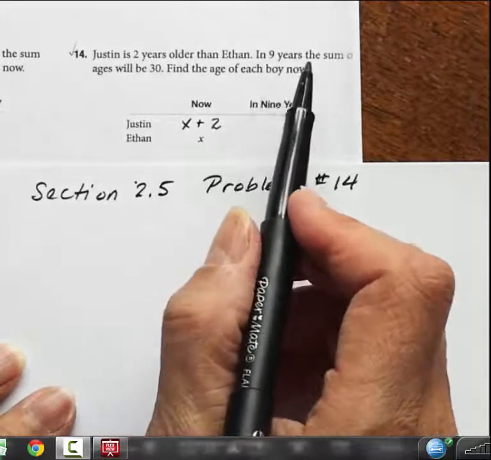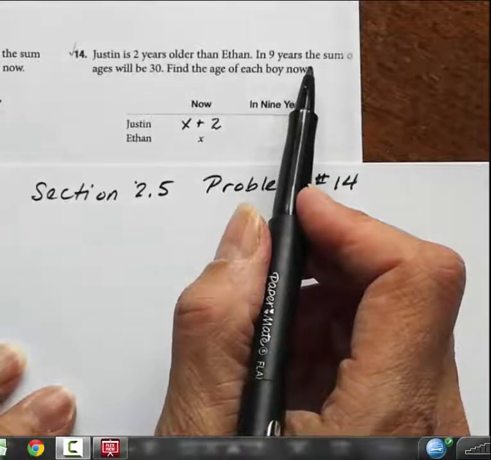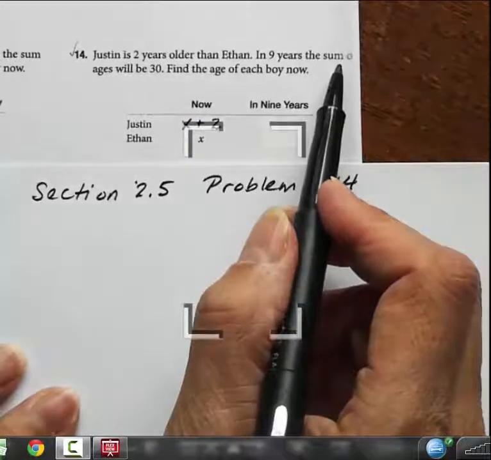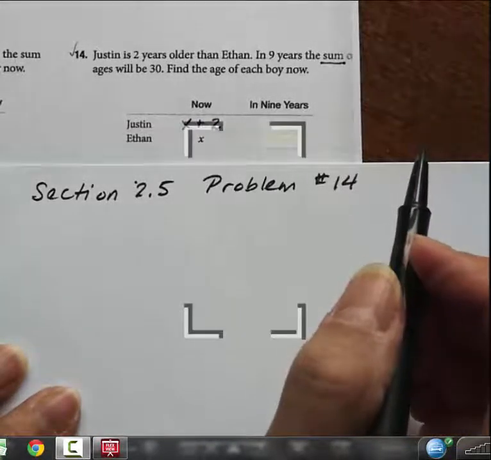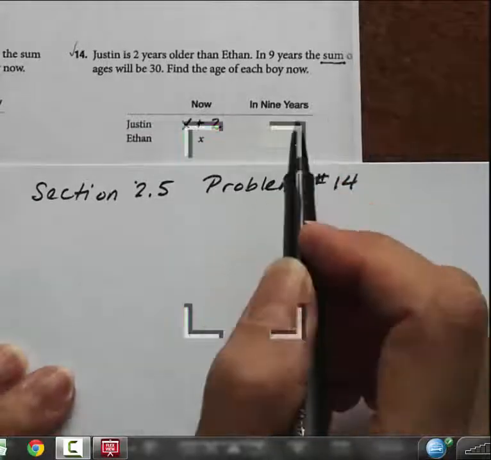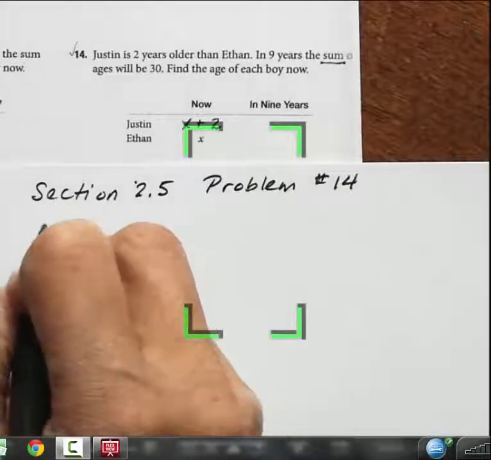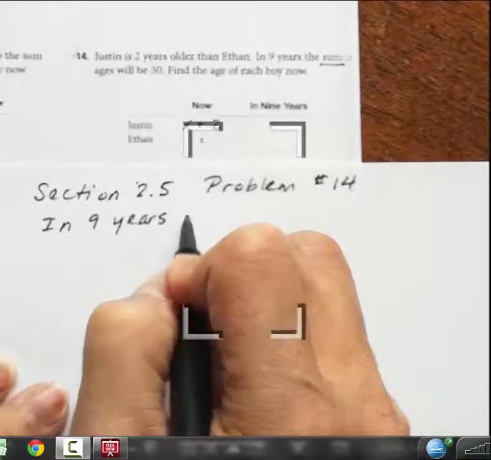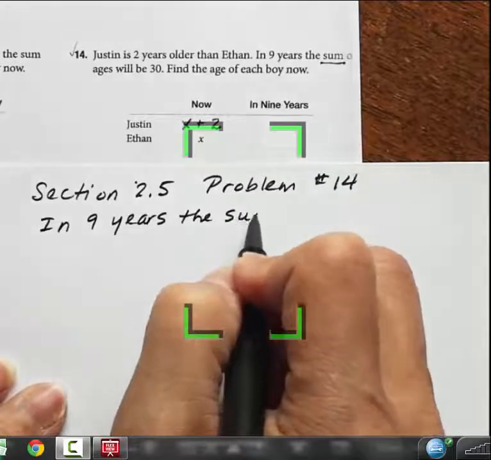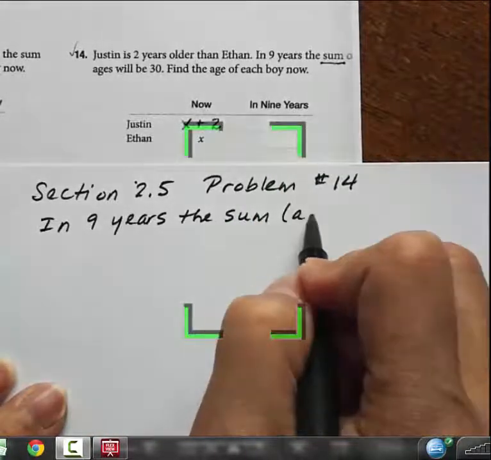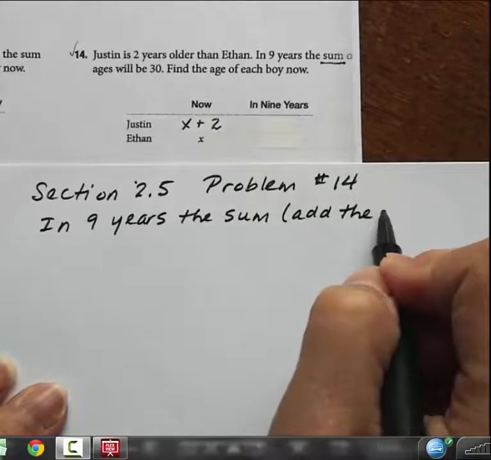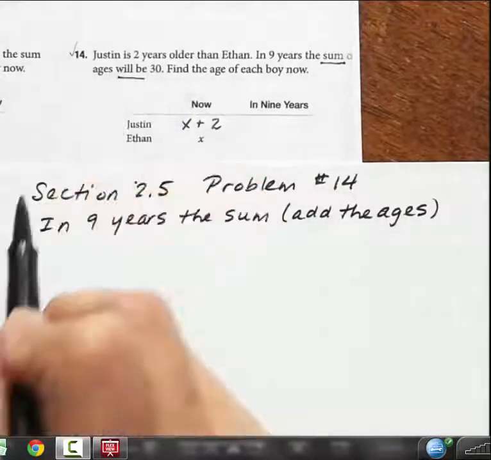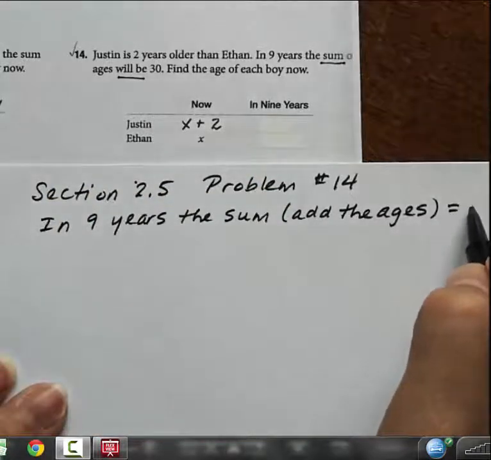In 9 years, the sum of the ages will be 30. So in 9 years, their ages, when we add them together. So in 9 years, maybe we should write this down. In 9 years, the sum, which means we're going to add the ages, that's what sum means, will be, which means equals 30.